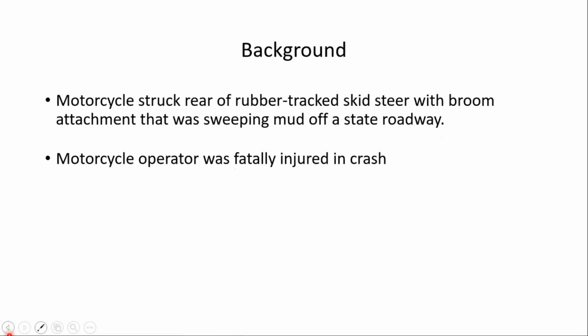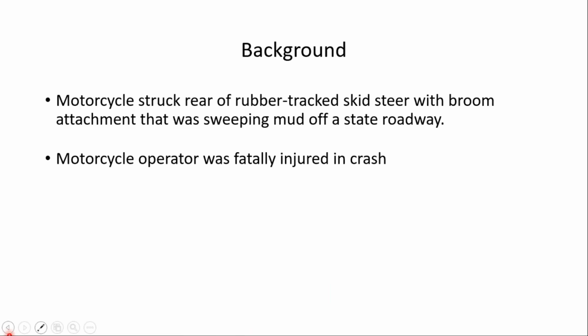This is actually a sad case, I think, but a motorcycle struck the rear of a rubber tracked skid steer with a broom attachment that was sweeping mud off of a state roadway. And the motorcycle operator was fatally injured in the crash. It was a two-lane, two-way rural road.